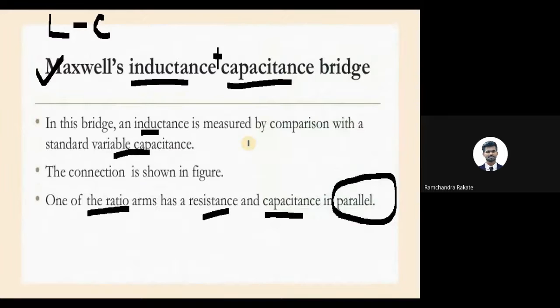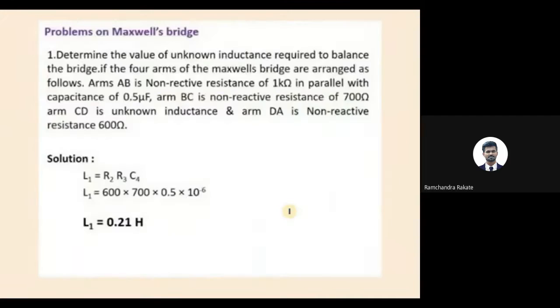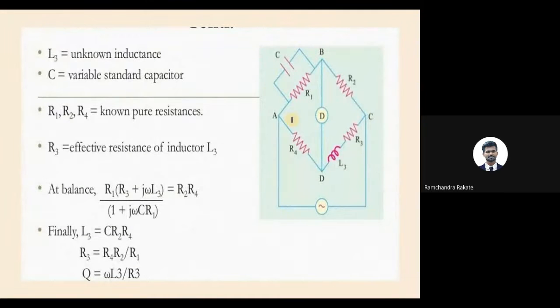Instead of what was there, one inductance along with resistance and one inductance along with resistance were variable. Instead of the inductance, what have we done? We have cancelled out that variable inductance, and here we have put a variable capacitance along with resistance. So obviously what we are looking for is the unknown inductance. This will be my unknown inductance. That's what I need to find out.